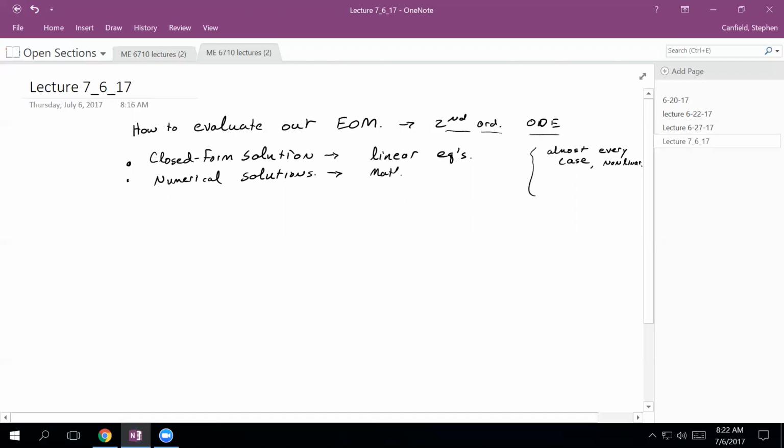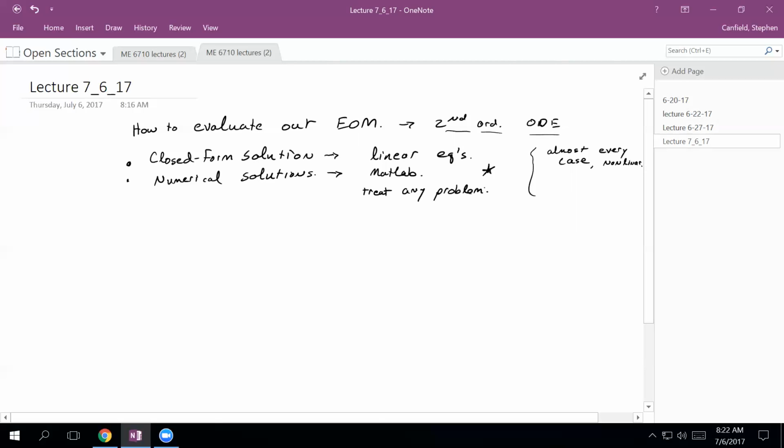We use MATLAB or any other numerical solver. And this, in my mind, is going to be the primary workhorse of solving more involved problems, if you're trying to do simulation or analysis in many cases, and we will spend some time looking at that. A numerical solution could treat any problem. I mean, we're not really limited.